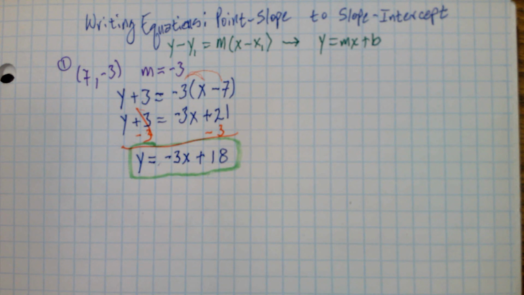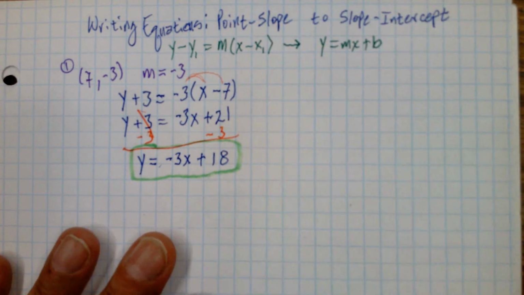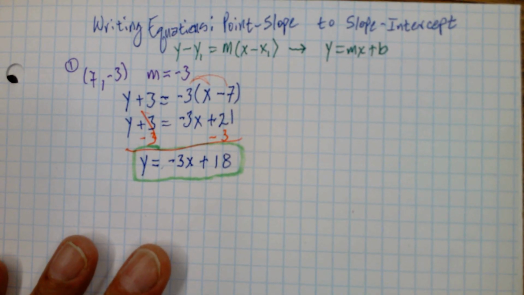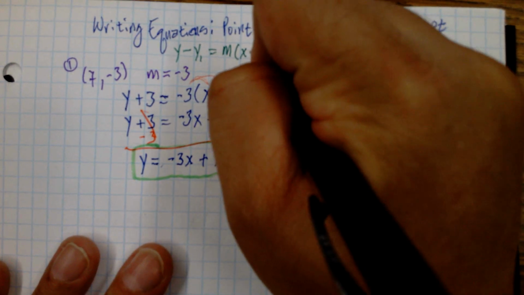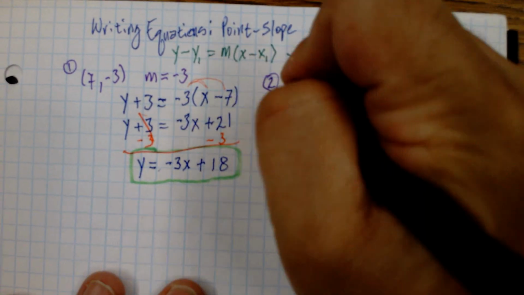All right. So let's try another one of these. Let's make it a little more interesting. Okay. Number 2. Let's do -6, 4.